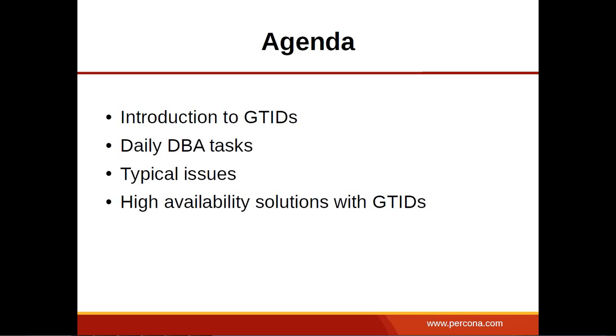Then we'll take a look at the typical issues you'll have to face when enabling GTIDs. As one of the goals of GTIDs is to make things like failover and replication reconfiguration much easier, it means that GTIDs have lots of potential regarding high availability solutions. So we'll have a look at what's new when you have GTIDs.